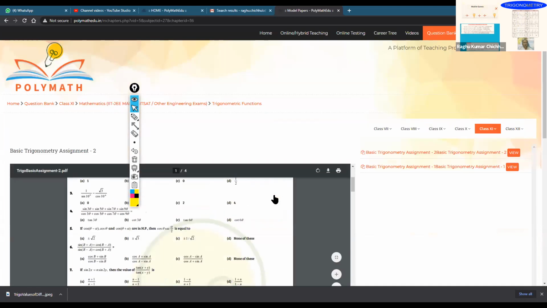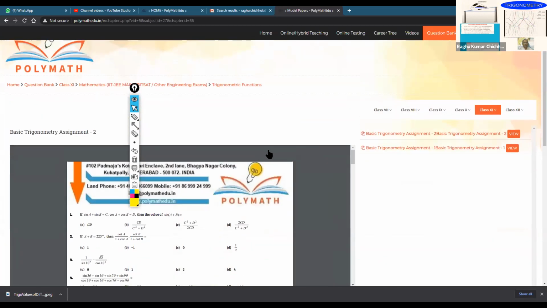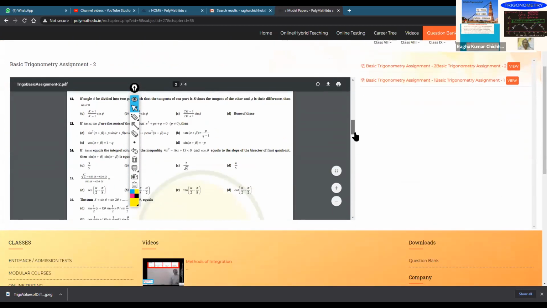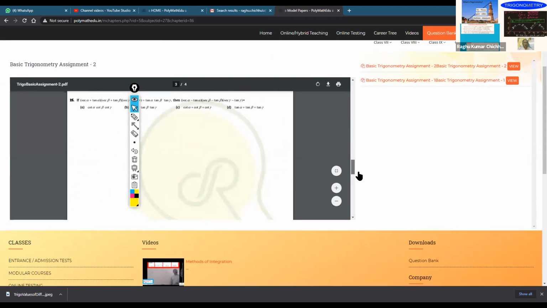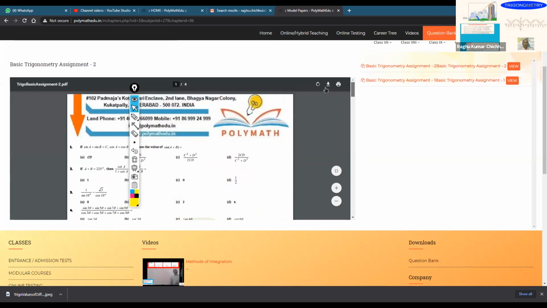In this one, papers are available. There is an option of downloading the paper. This is the download option. You can download this paper and you will have to work out according to the work I give you.